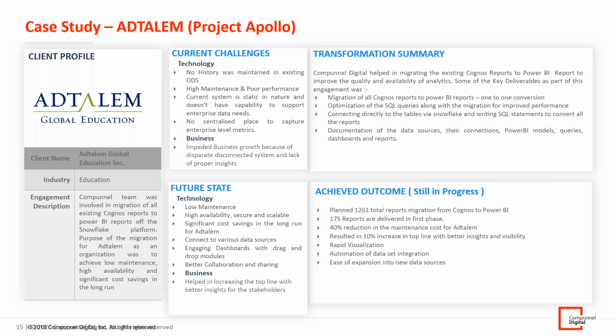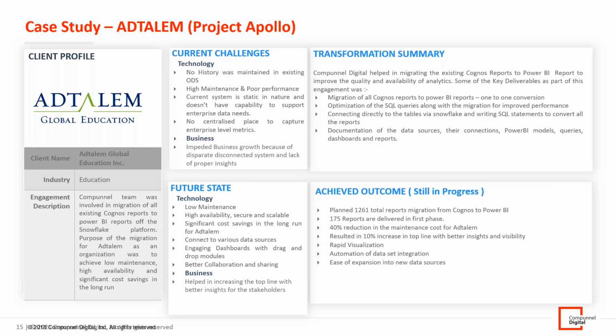So what they achieved by using this: low maintenance, high availability, significant cost savings, easy connection to various data sources, engaging dashboards with drag and drop modules, and better collaboration and sharing of dashboards and reports across the organization.